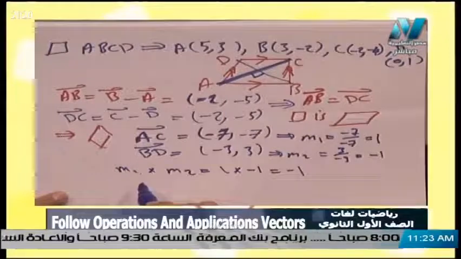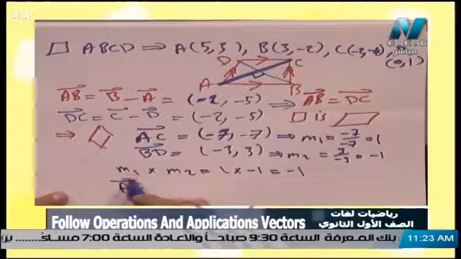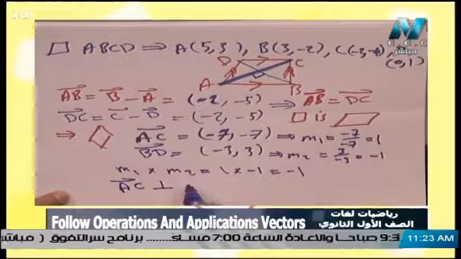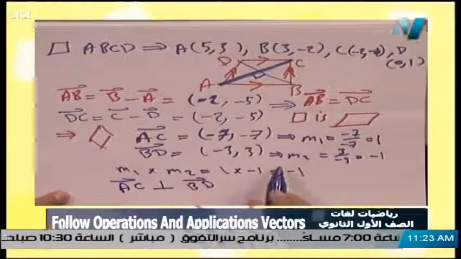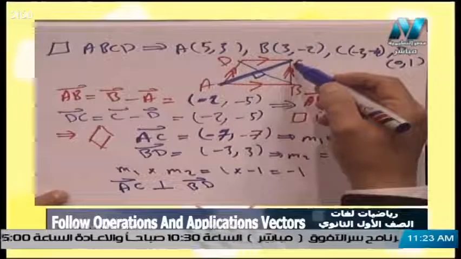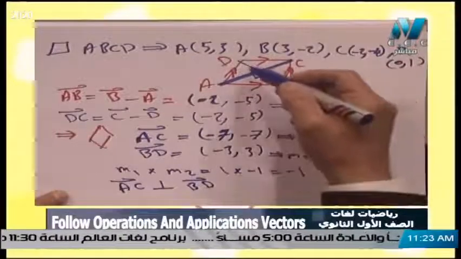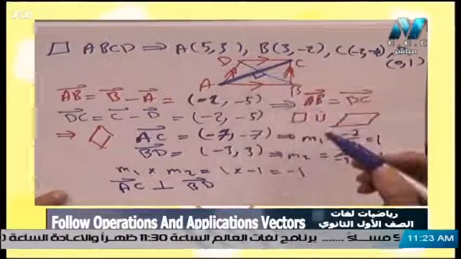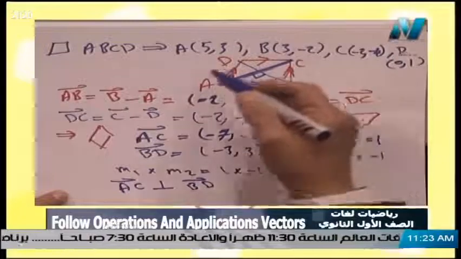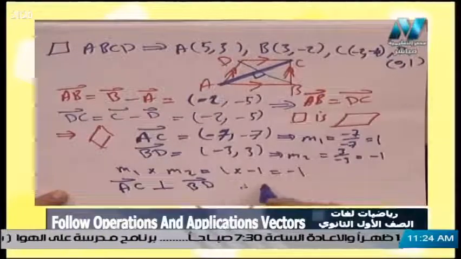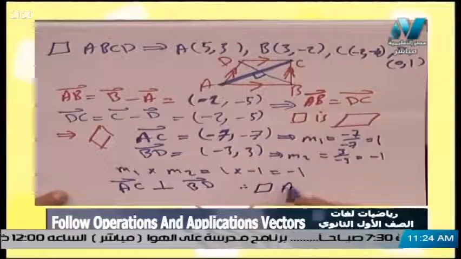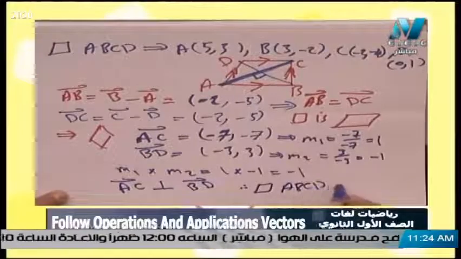So easily we can deduce that the vector AC is perpendicular to the vector BD in the parallelogram ABCD. So the parallelogram ABCD now is a rhombus.